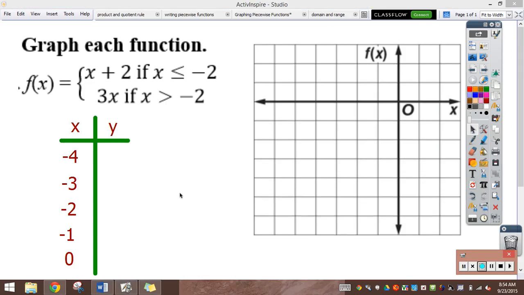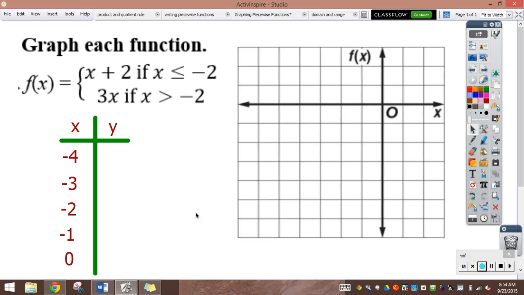So I have a t-chart with negative 2 as my middle x value, and I chose some values less than negative 2 and some values greater than. You can put as many values as you want in your t-chart, and depending on your graph, you may use less or more. Once you plot your points, you may realize that it's not enough information, and so you may need some more points. Or if you are familiar with parent functions, then you probably won't need as many points.